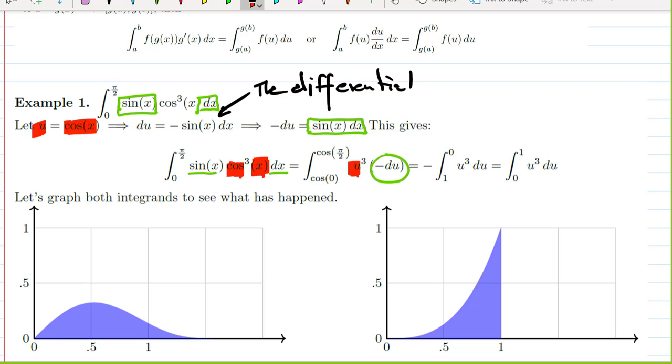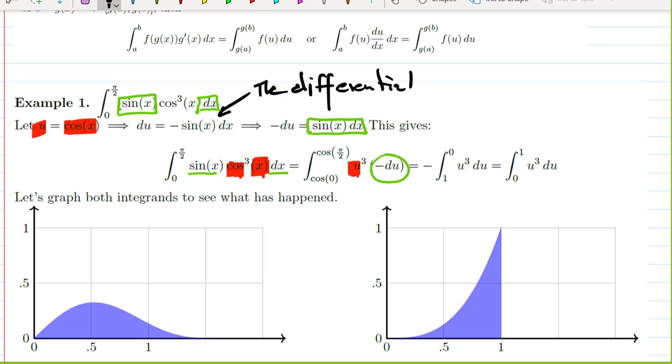They are originally 0 and pi over 2, so we put those in for the x values in cosine. So we would have the cosine of 0, which gives us 1, and the cosine of pi over 2, which gives us 0. Pulling the negative sign from the du out in front, we would have the negative of the integral from 1 to 0 of u cubed du.